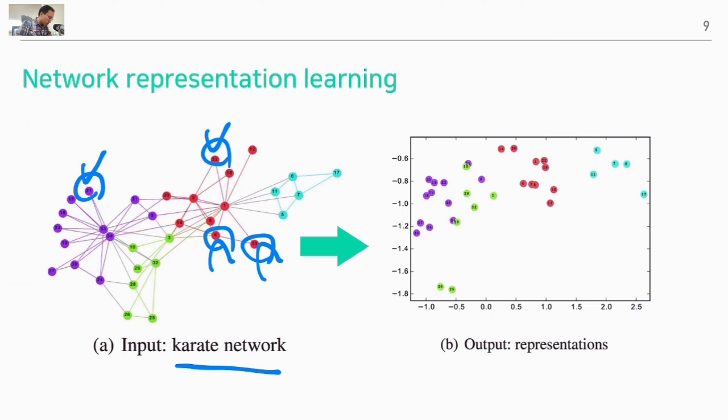Similarly, before we had representation learning, we needed to pick handcrafted features. But with representation learning, we can place each node at some point in the two-dimensional space, right?